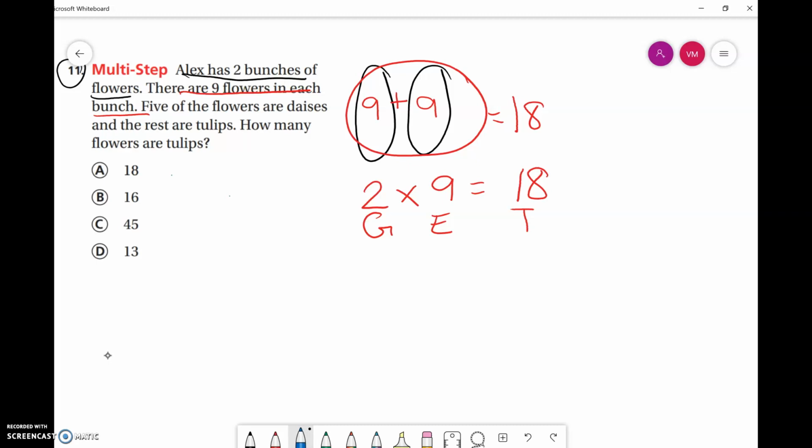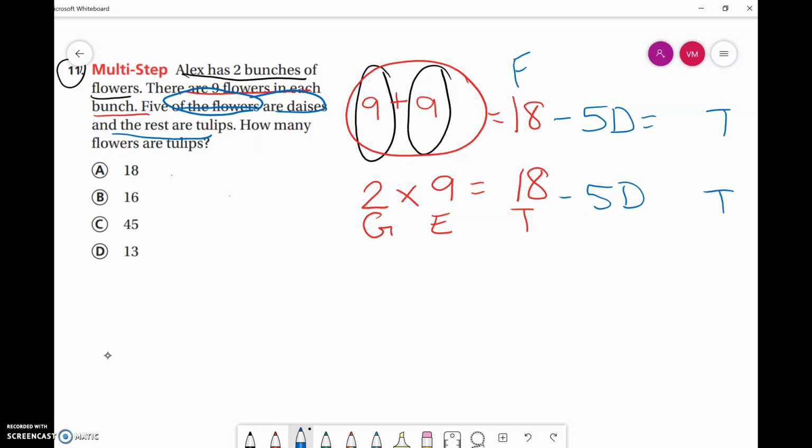5 of the flowers are daisies and the rest are tulips. So this right now represents my total number of flowers. But 5 of the flowers are daisies and the rest are tulips. So right now I have 18 flowers. So I need to subtract the 5 daisies. I can do it for the multiplication equation too, in order to get my tulips.